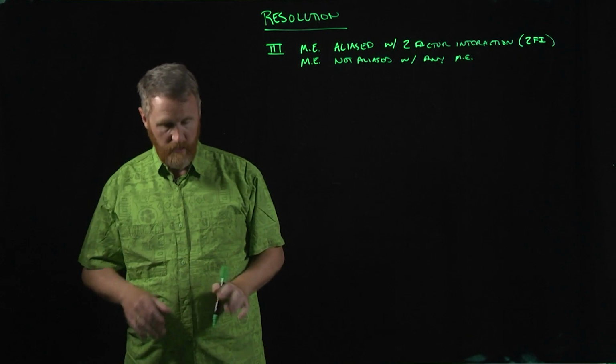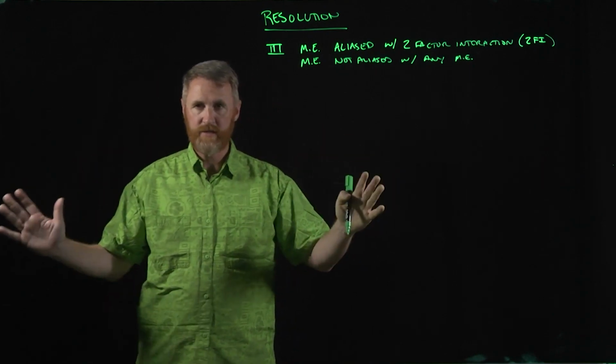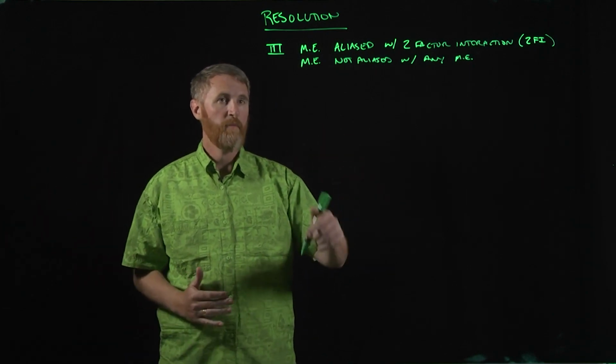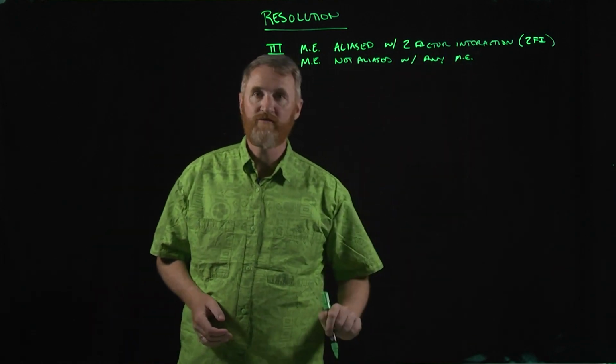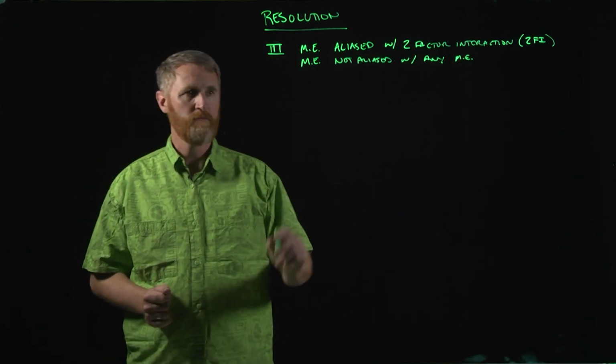So A, B, C are completely distinguishable, but the main effect might be aliased with a two-factor interaction. I think that was the example we did before.